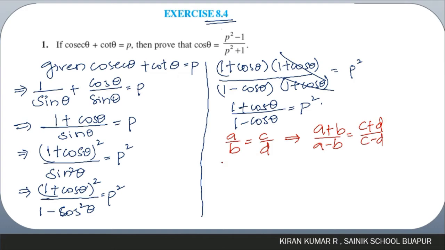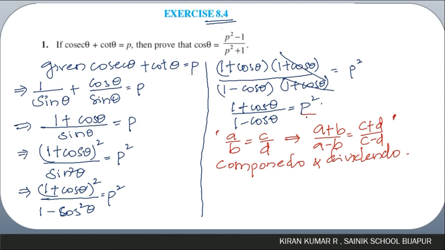This property is called componendo and dividendo. You can browse componendo and dividendo, Google it and find it out. If I use this here, it becomes easy for me to solve.